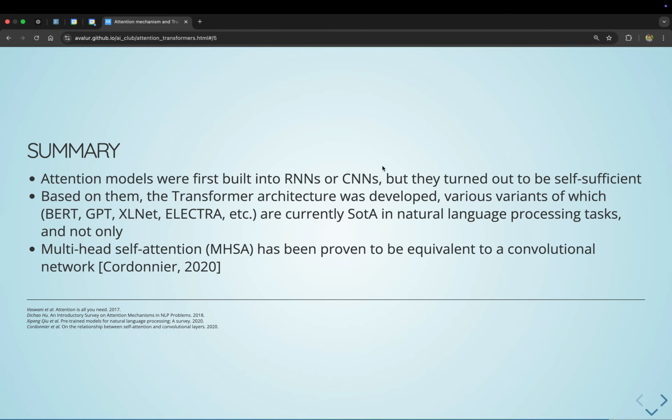And this is the final slide of our lecture. Attention models were firstly built into RNNs or convolutional neural networks, but now they turned out to be a self-sufficient mechanism, and based on them the transformer architecture was developed, which now is state of the art in natural language processing tasks.